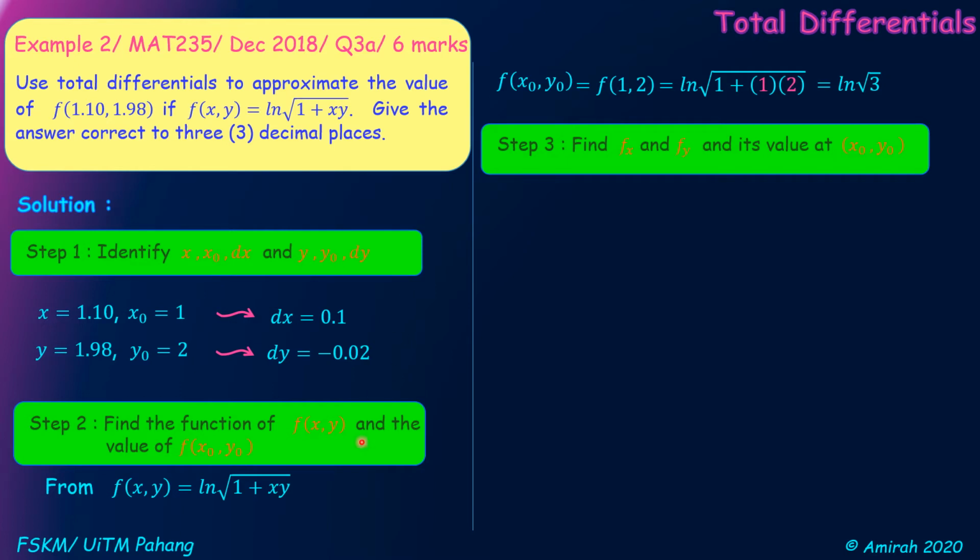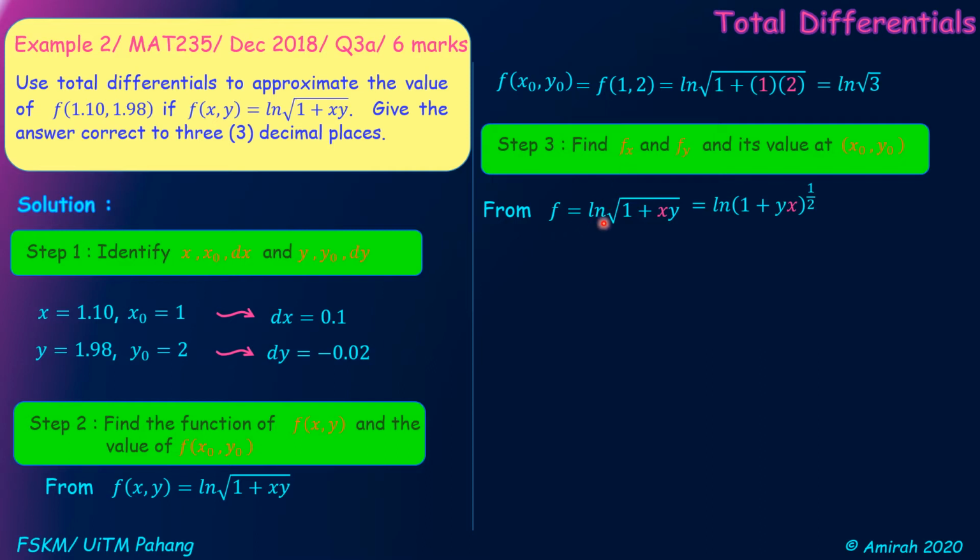After we have found f(x naught, y naught), we can continue with step 3. Find fx and fy and their values at (x naught, y naught). We can find fx from f.